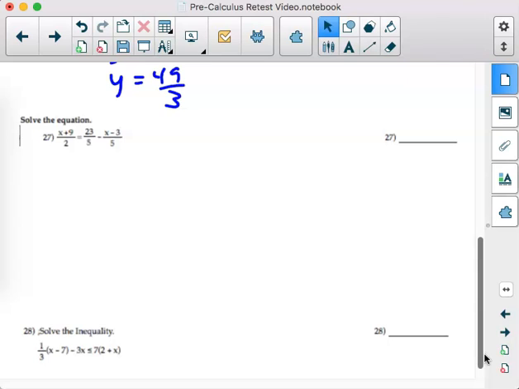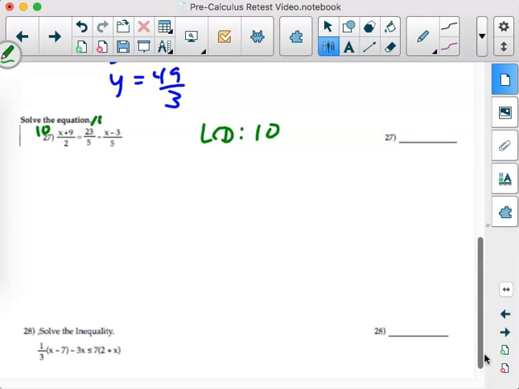Number 27, this is another one where some of you were using old methods, which leads me to think you didn't watch the video, because when we solve these equations, we're going to find the LCD, and we are going to multiply every one of these terms by that LCD, and in this case it would be 10. So each of these three terms gets multiplied by 10.